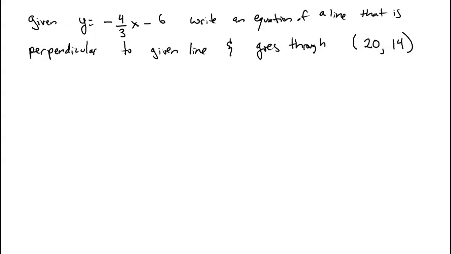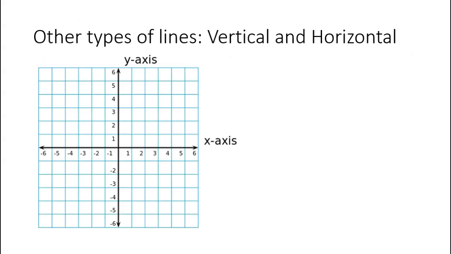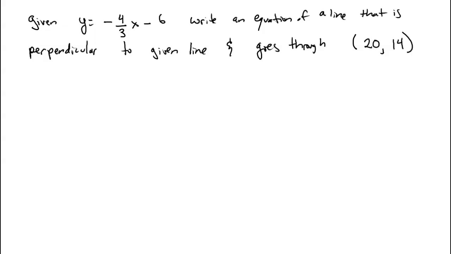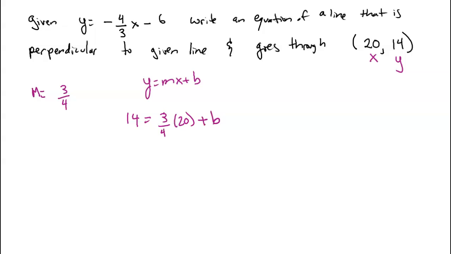All right, so if we are coming back from the pause video, the first thing that you should have done is found your slope. So I'm going to flip that to make it 3/4. It was negative, so I'm going to make it positive. This was my x, this is my y. So again, y is equal to mx plus b. 14 is equal to 3/4 times 20 plus b.